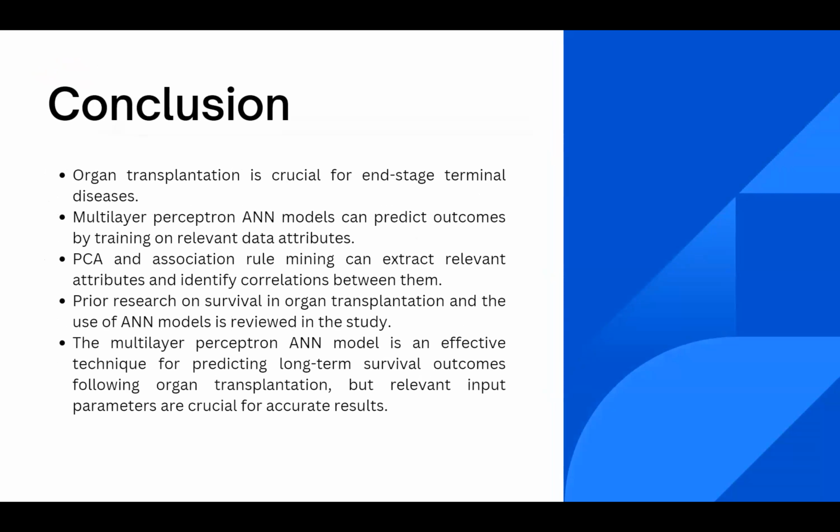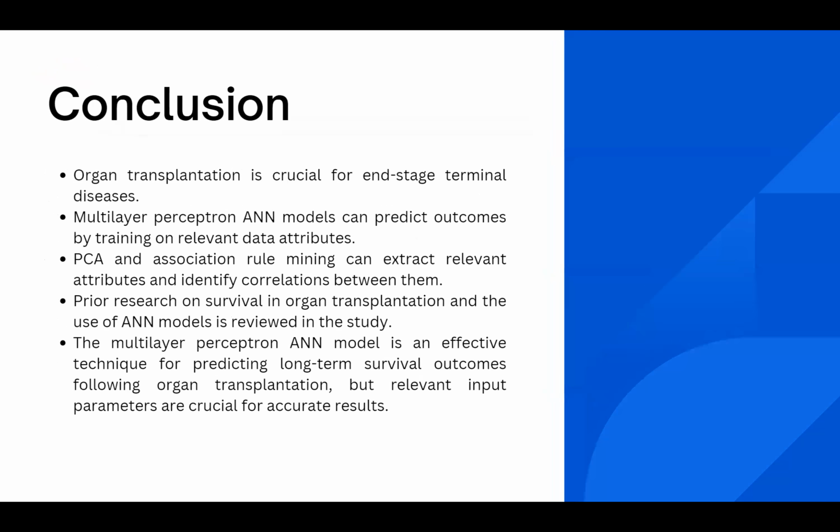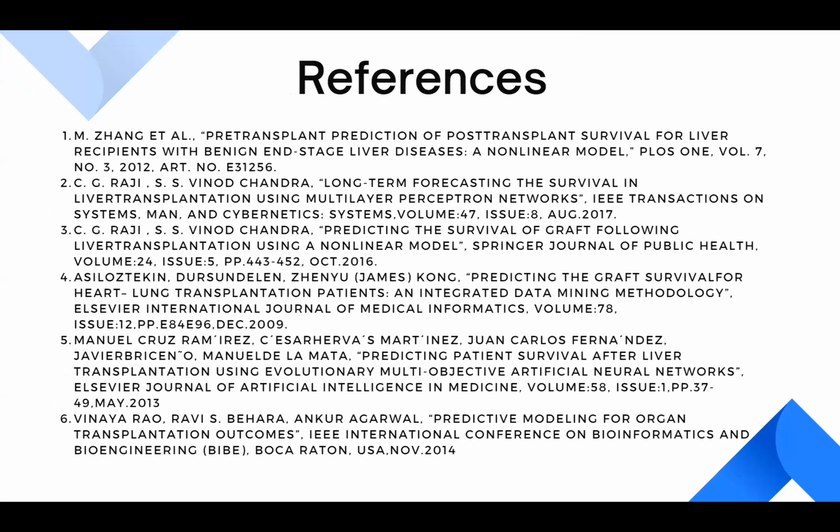At the end, I would like to conclude this presentation that the use of ANN models can provide more accurate and precise predictions of long-term survival outcomes for patients undergoing organ transplantation, and the selection of relevant input parameters is crucial for achieving the best results. And lastly, I would like to thank everyone for paying their kind attention. Thank you. These were the references we took.